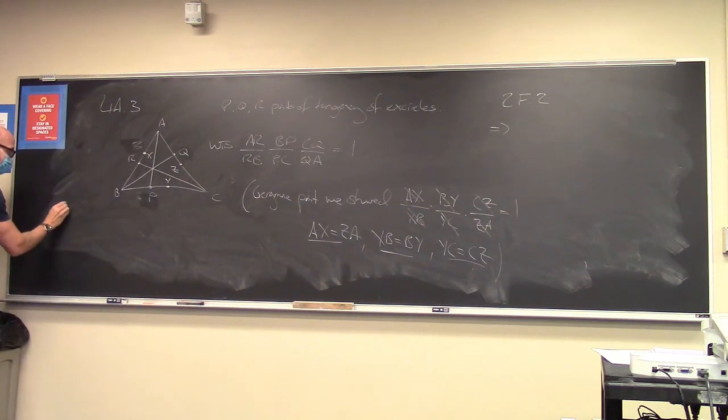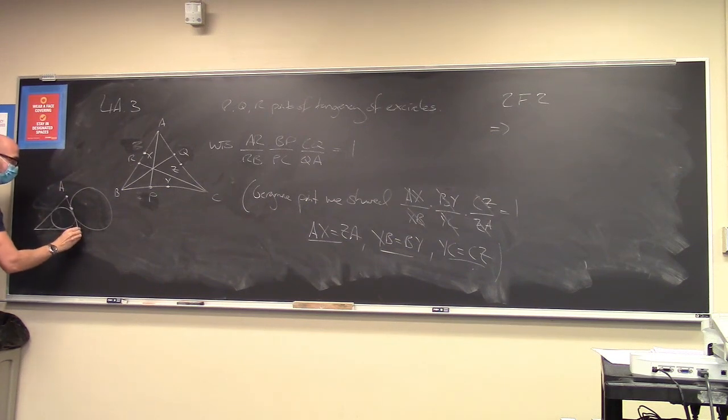All right, 2F.2 was you had a triangle with an incircle and an excircle. And what did you prove? You proved that AU was the same distance as BB.